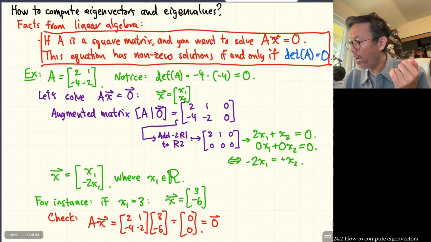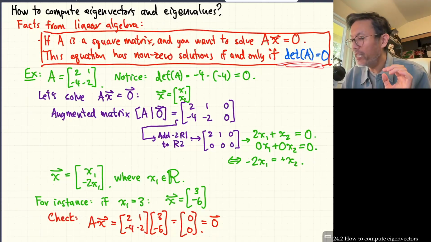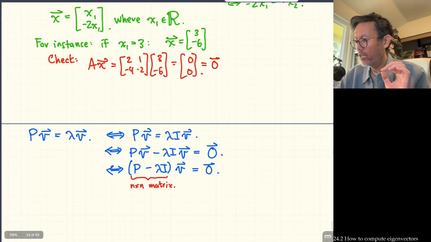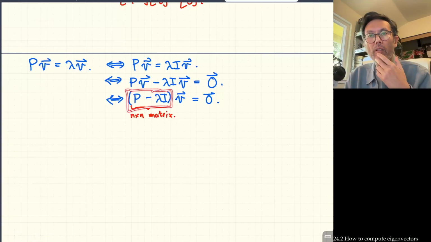And we want to find non-zero solutions. So what we need to do is check when the determinant of A is 0. The determinant, in other words, of this matrix. So that is what we're going to concern ourselves with.